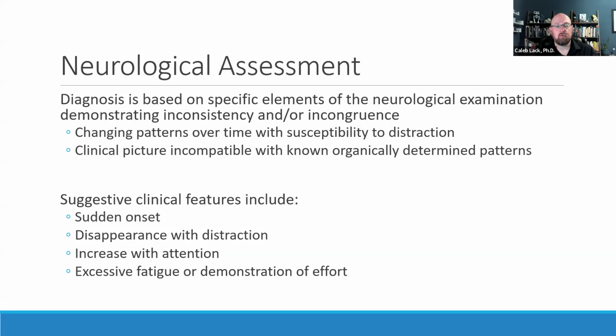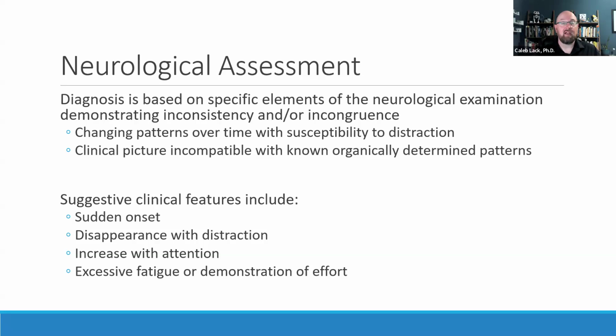Some of the things that also help differentiate neurological versus functional are the sudden onset. Functional neurological disorders tend to be relatively rapidly onset compared to other neurological problems. If you're able to quickly and easily distract someone, the symptoms tend to decrease or go down.